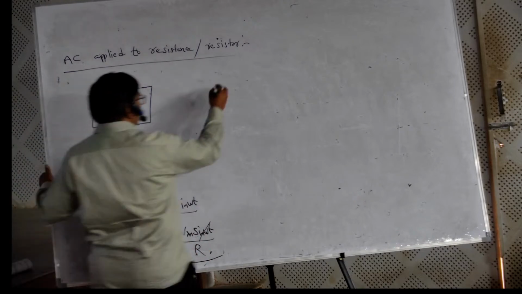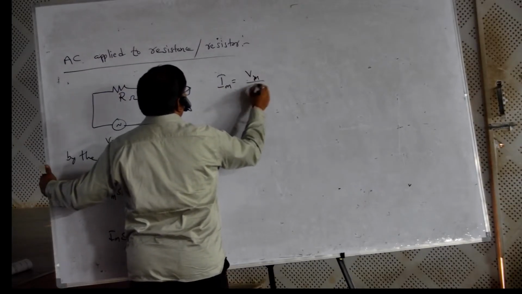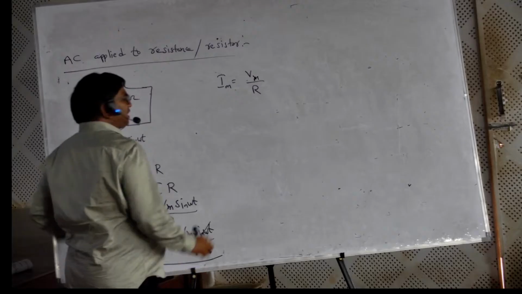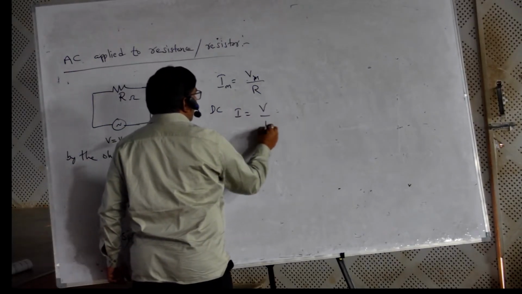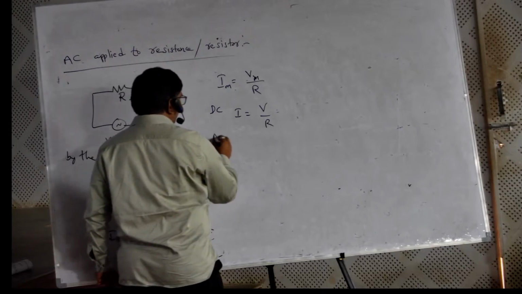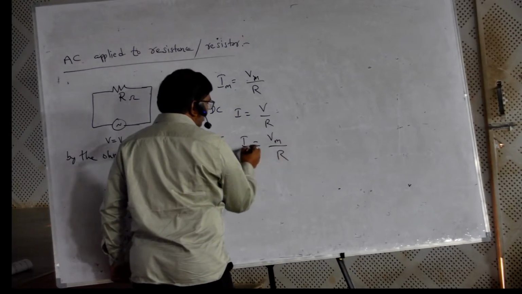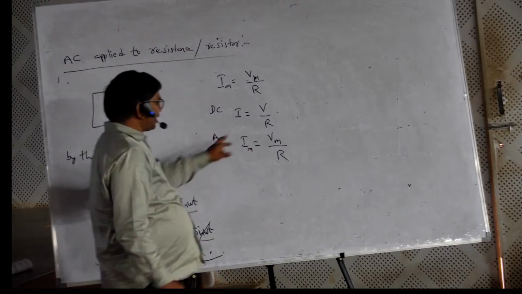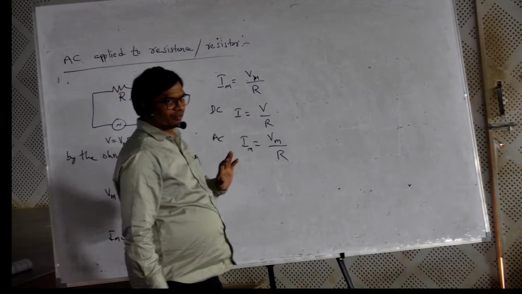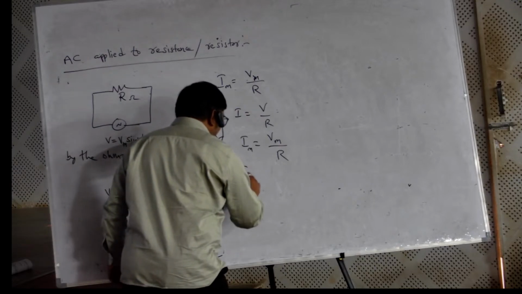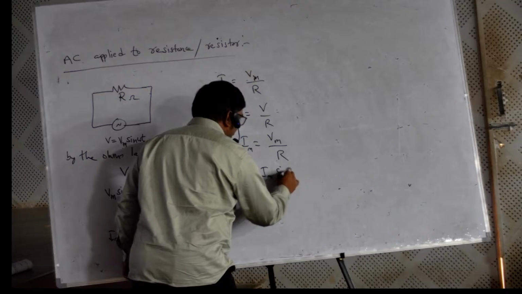So now Im is equal to Vm by R. With respect to DC, I is equal to V by R. With respect to AC, I is equal to Vm by R, which is Im. Is there any difference between DC and AC? There is no difference.